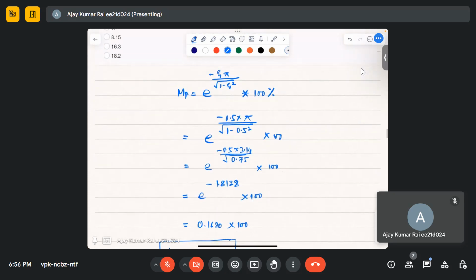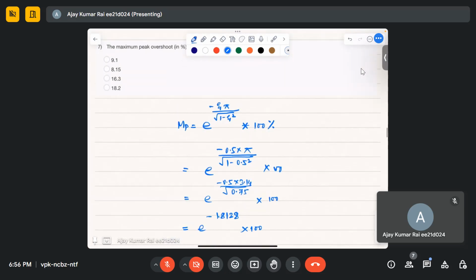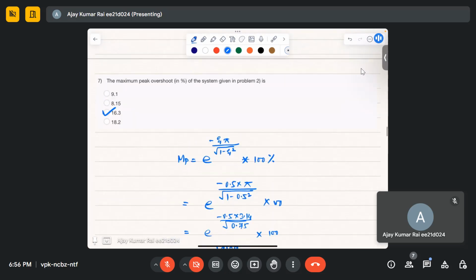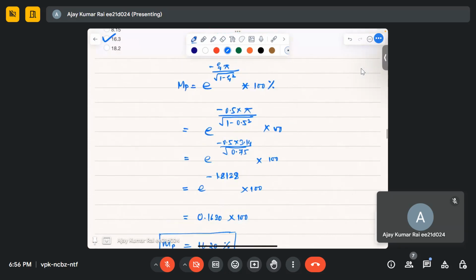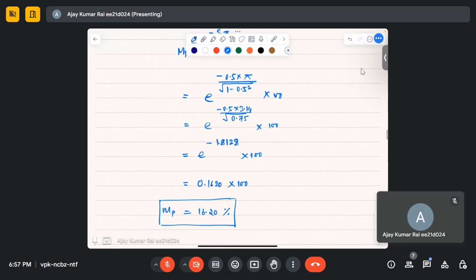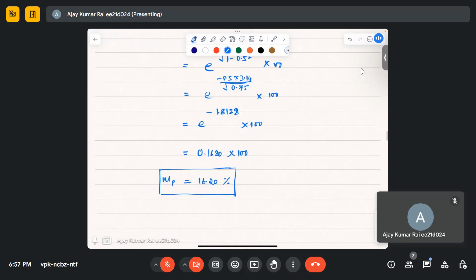Almost 16.3 percent is the maximum overshoot of the system. Yes, everything is correct. So this is the overshoot.